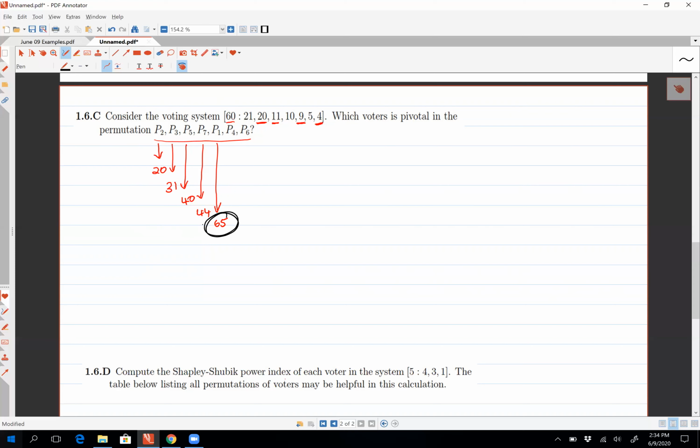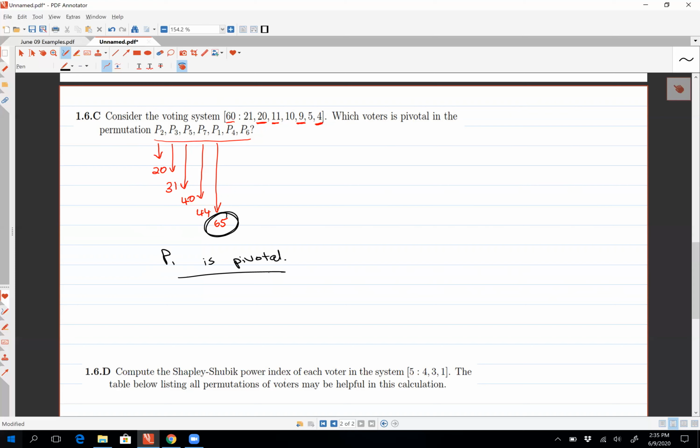So in this ordering, P1 is pivotal. And in any permutation, only one voter can be pivotal because you're looking for that point where the coalition changes from losing, and then when you add that specific voter, they have enough weight to make it a winning coalition.